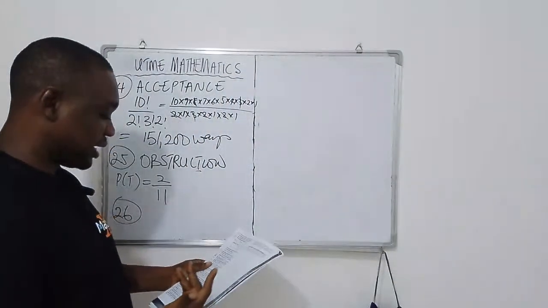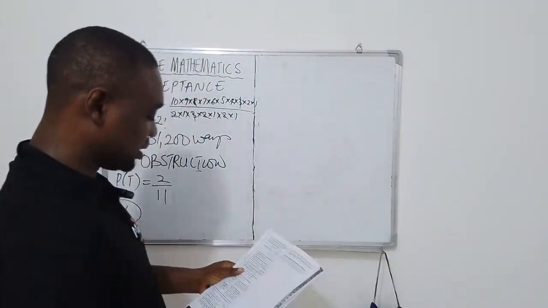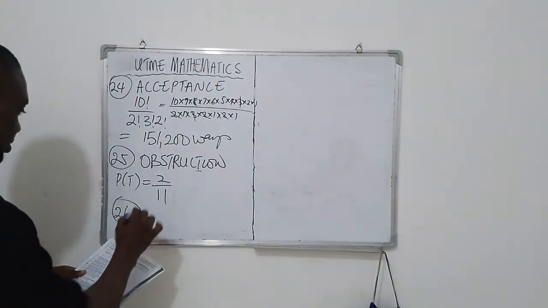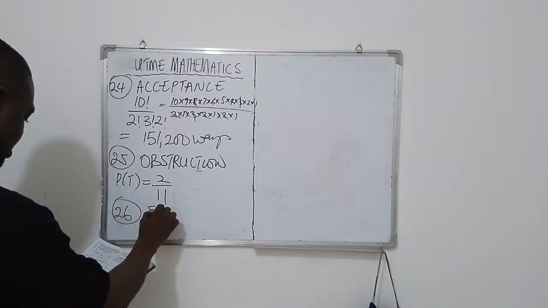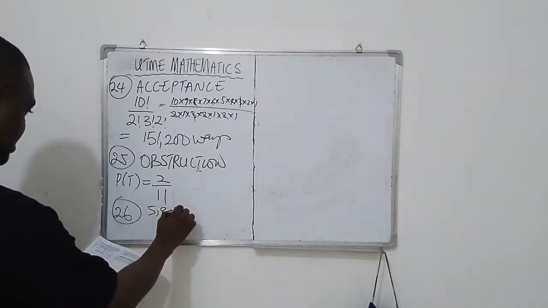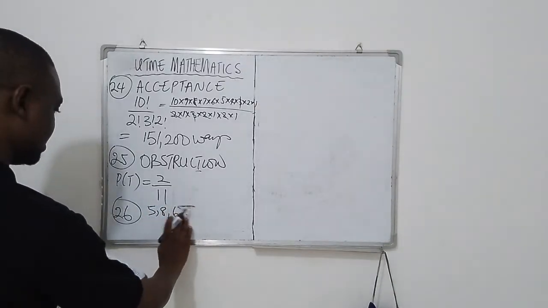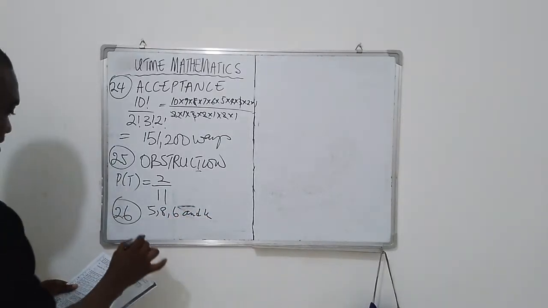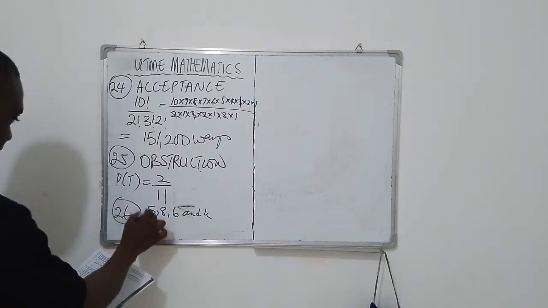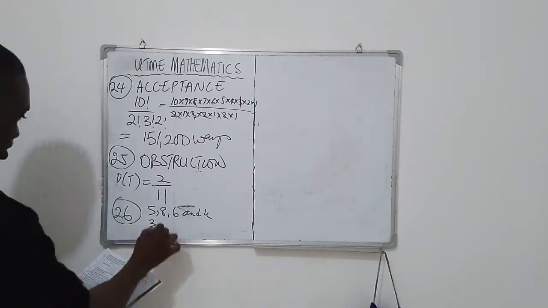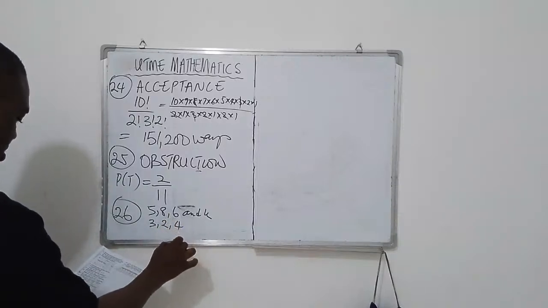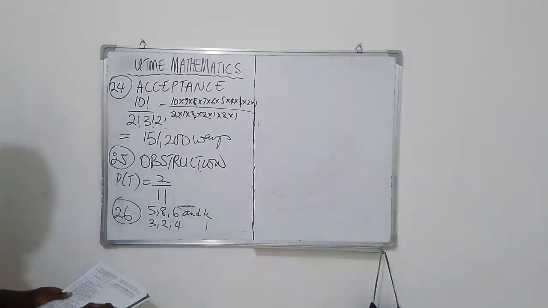So because it's talking about a mean, let's do this. The numbers are 5, 8, 6, and K. Their respective frequencies are 3, that is 5 has 3, 8 has 2, 6 has 4, and K has 1.